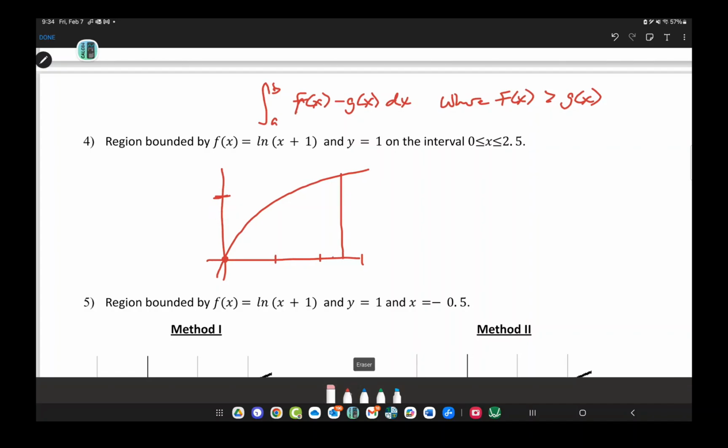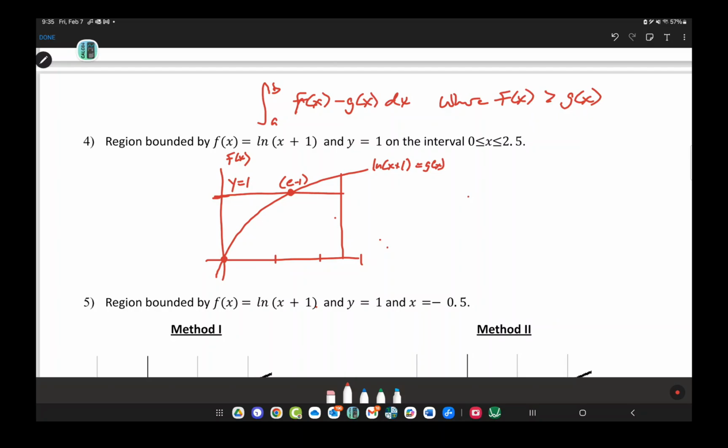Y equals 1 until about e minus 1, right here. So this is y equals 1, we'll say this is f of x. This is the natural log of x plus 1. That's my g of x.